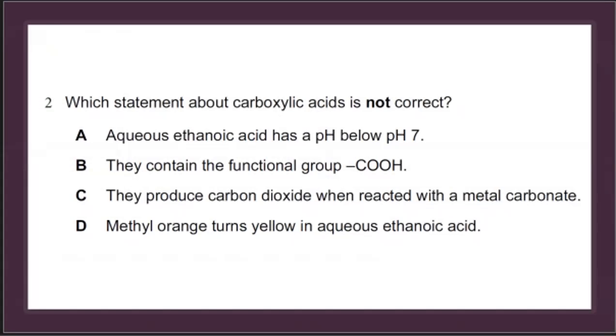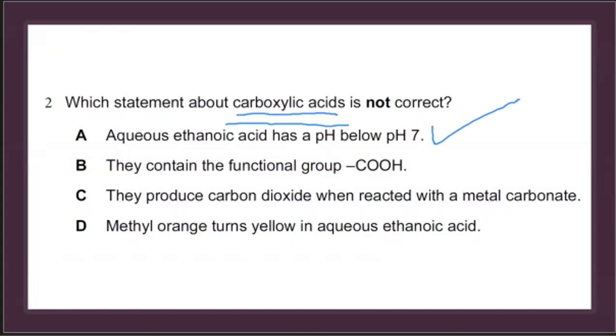All right, question 2. Which statement about carboxylic acids is not correct? So let's see. Aqueous ethanoic acid has a pH below 7. It's an acid. All acids will have a pH below 7. So that is correct.